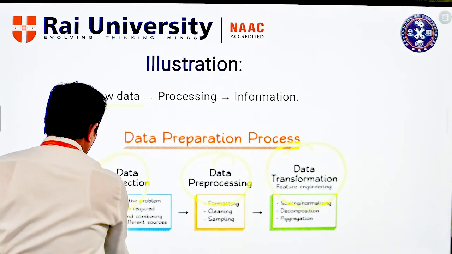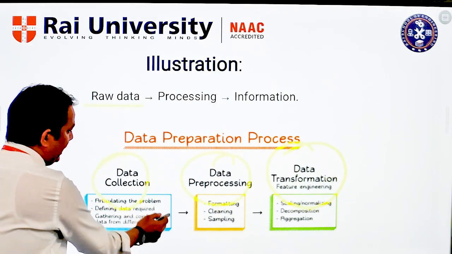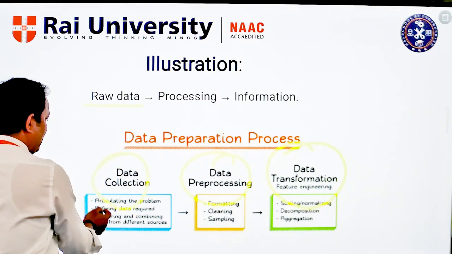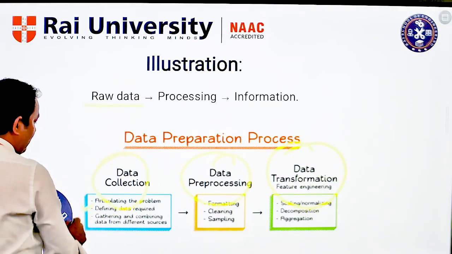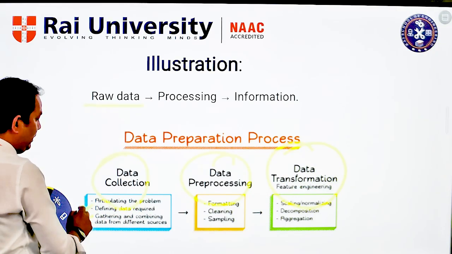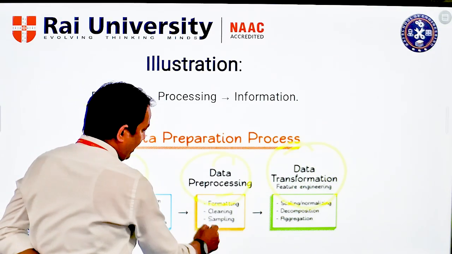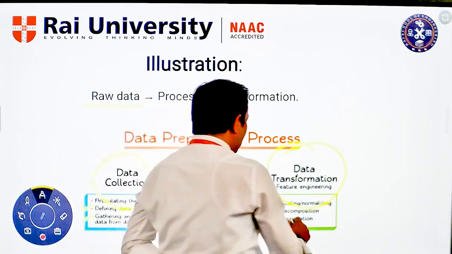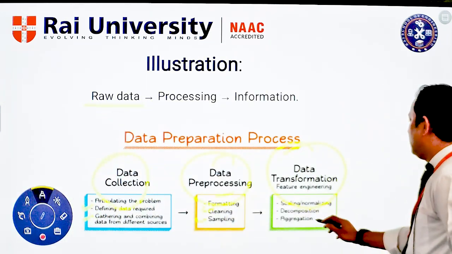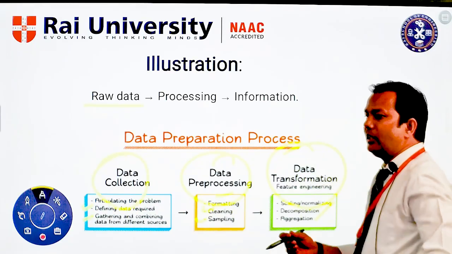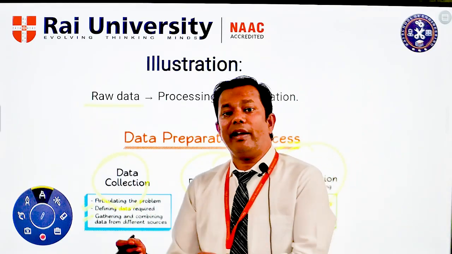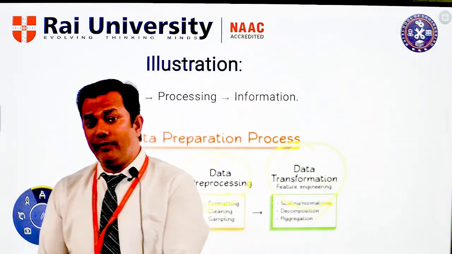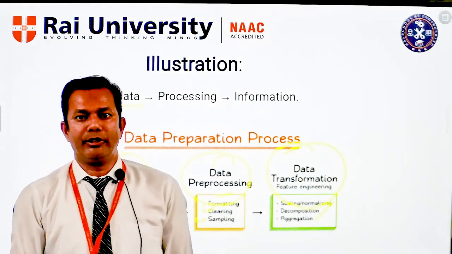So you can say the different steps are more defined here, like defining data requirements. What are the data requirements? Gathering. Then after that, we are going to clean, then we go for sampling, and finally we conclude on the data. Information: when it is processed and given a meaning, when it is associated with an object, that is called information.